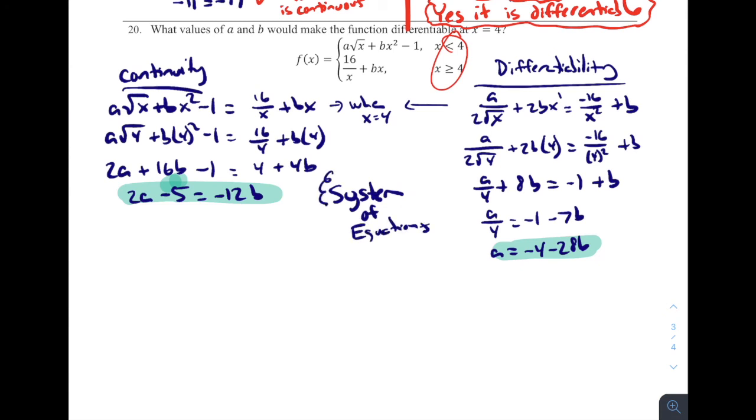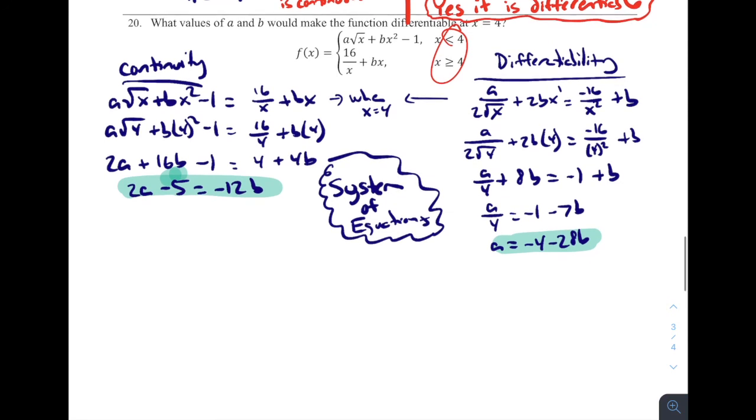And so bringing back that review from Algebra 1 and Algebra 2, we know that we could solve a system of equations with either substitution or elimination. Either way, your choice. For me, because I've already got this a by itself, I'm going to do substitution. I think it's going to be real easy. I'm going to take this equation, I'm going to substitute it in for the a over here.